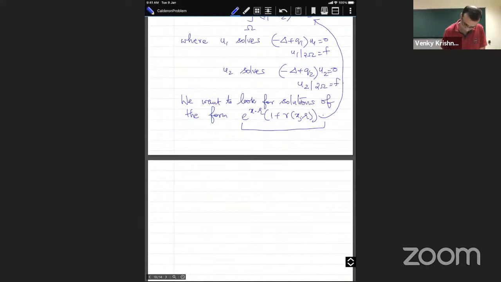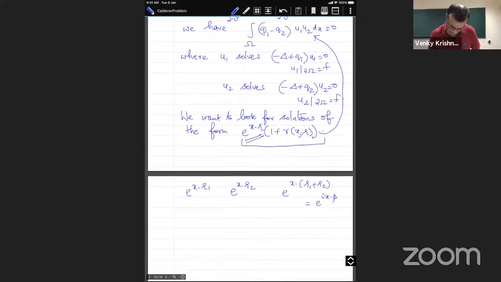So we look for e to the x dot zeta 1 and e to the x dot zeta 2 such that e to the x dot (zeta 1 plus zeta 2) is e to the minus i x dot xi.